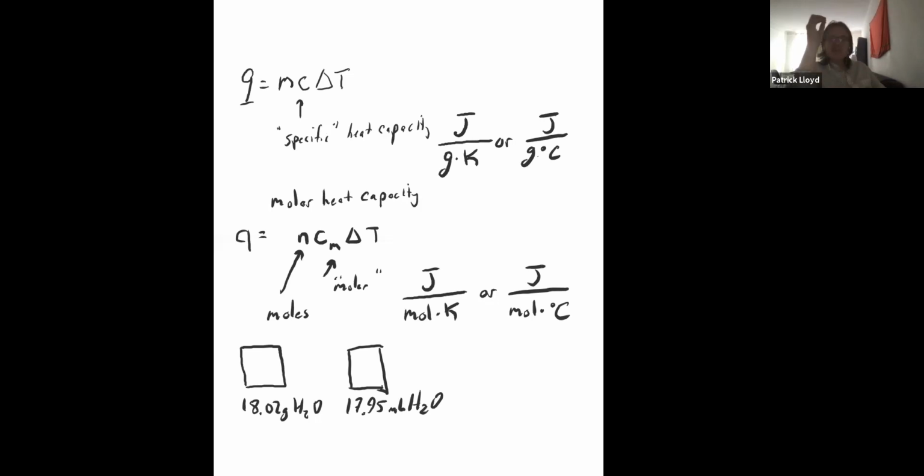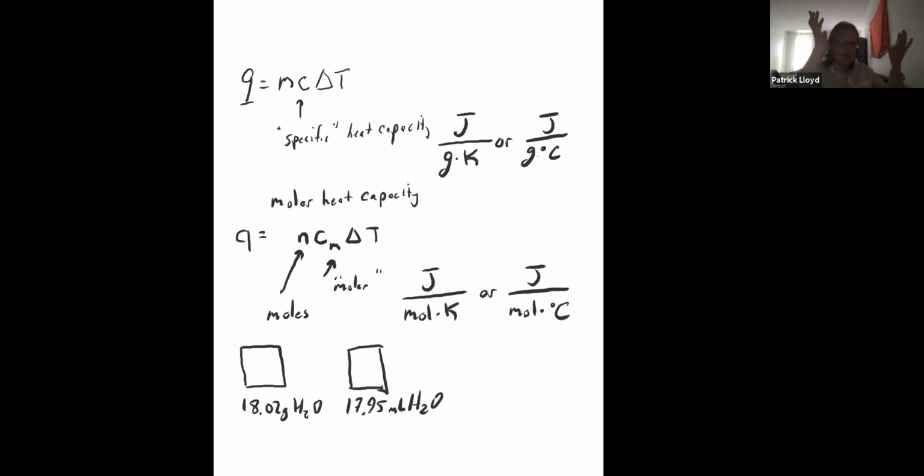Okay, the density of water is a little less than 1 at room temperature. So the volume of water is not exactly equal to the mass of water. It's a little bit less, but those two numbers are pretty close, right?